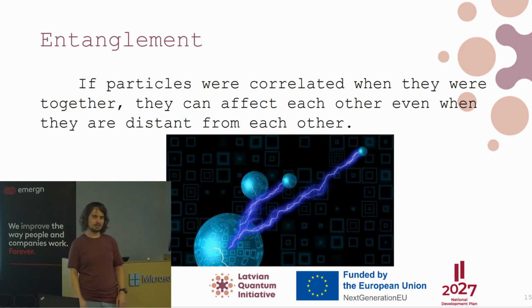So superposition is one of the effects that could be used for advantage in computation. The second interesting quantum property is called entanglement. So two particles can be correlated together, and even if they are separated by some distance, they still can affect each other.